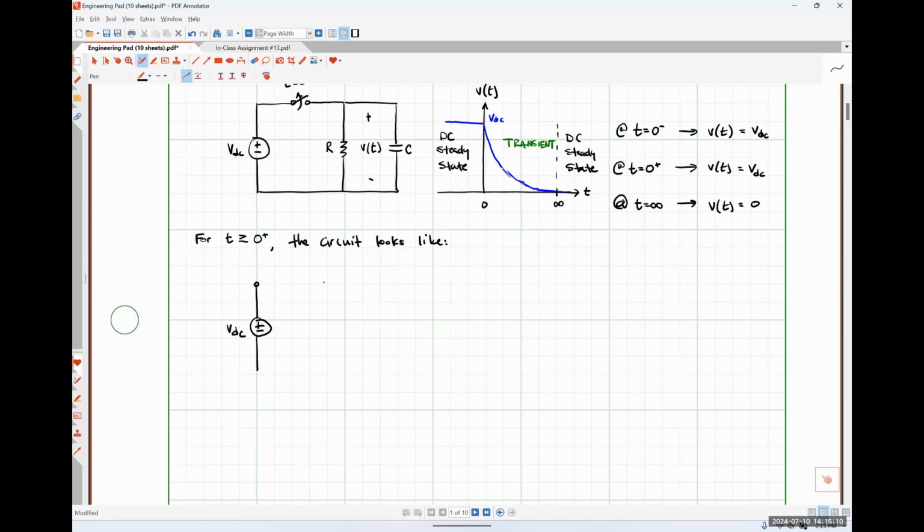Over here on the right, I'm going to put my resistor R in parallel with my capacitor C. Here's my voltage, V of t. Before I add anything to this diagram, does everybody agree that this is what our circuit will look like for all points in time after t is greater than 0, or after our switch opens up?